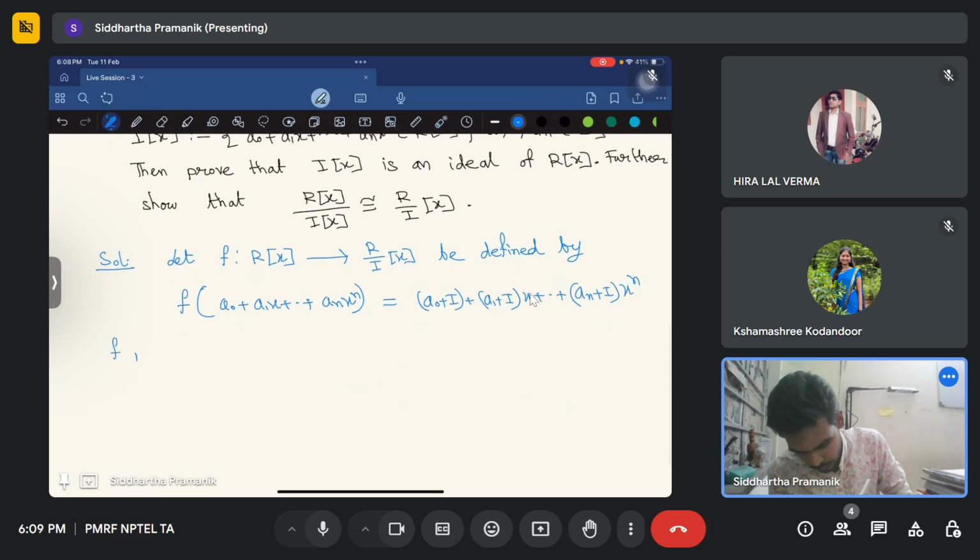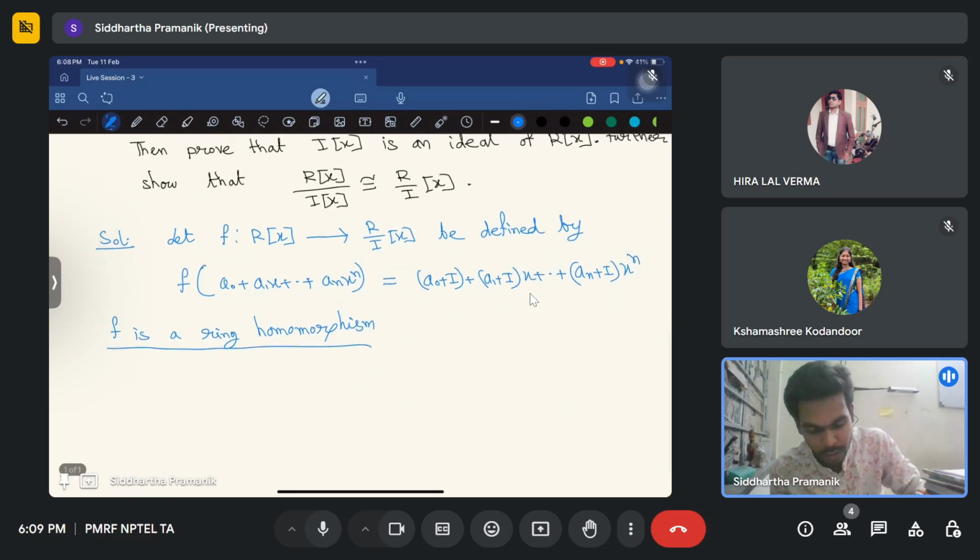So f is a ring homomorphism. For a ring homomorphism, we need to check three properties. Let me write it here. First, it preserves addition.